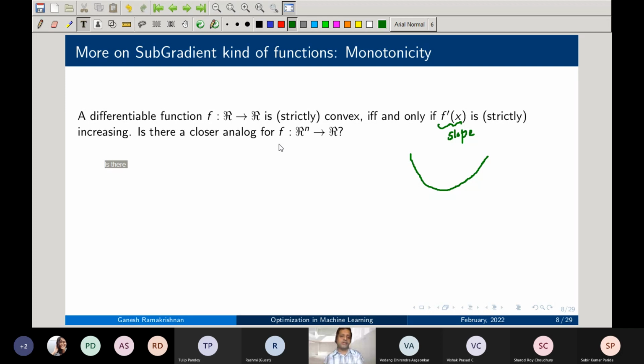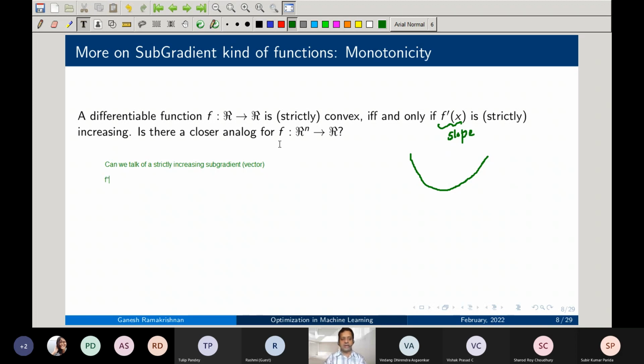Can we talk of a strictly increasing subgradient, as a straw man? It's a vector. Can you talk of that? Every component of the function should keep increasing. That will be a bit limiting, right?